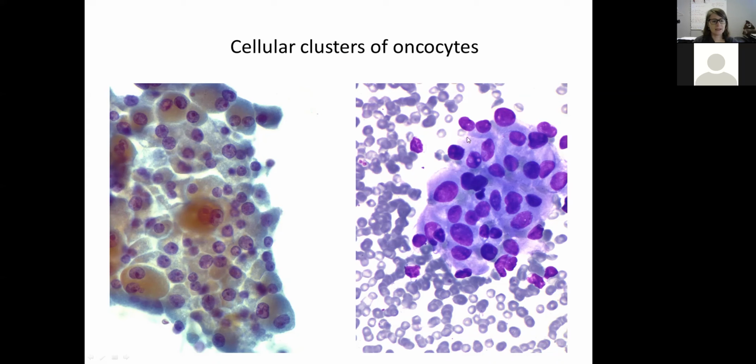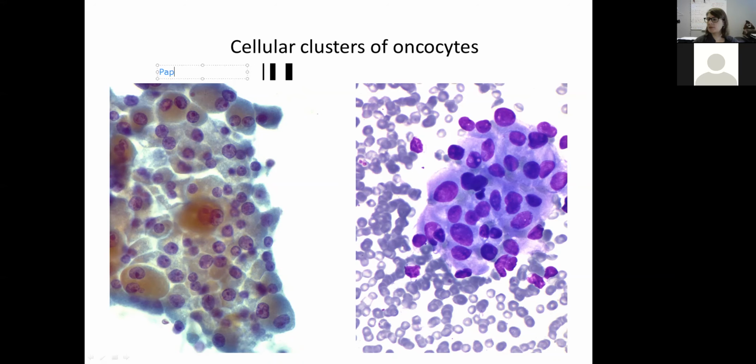Again, on the right, sometimes the nuclear features are a little bit less clear, but you can see the abundant cytoplasm. I will remind you, I don't think I talked about this on any of the others, but just as a reminder, there are two main stains that we use on FNA.